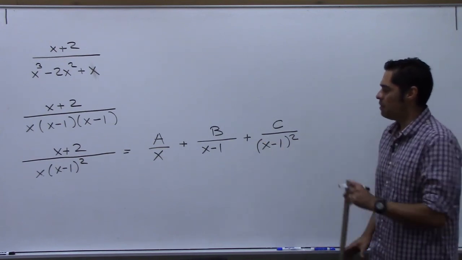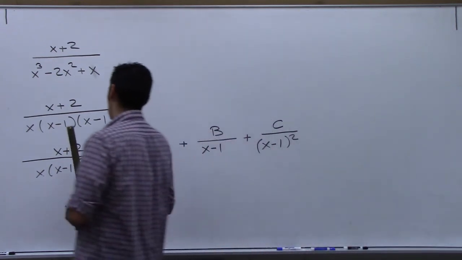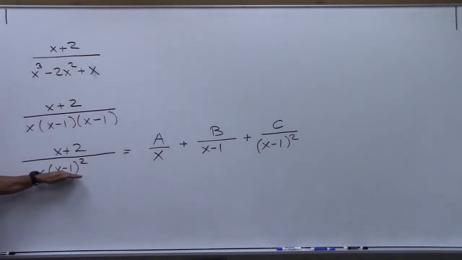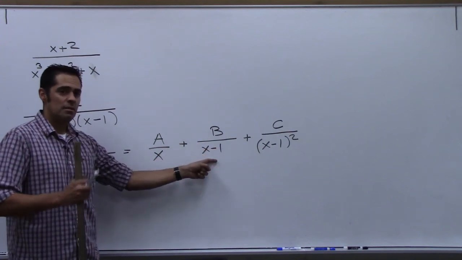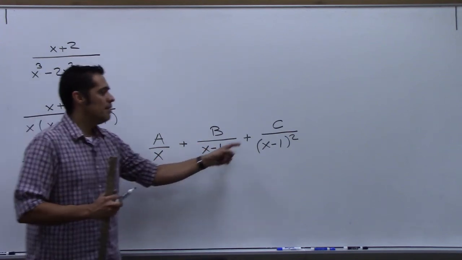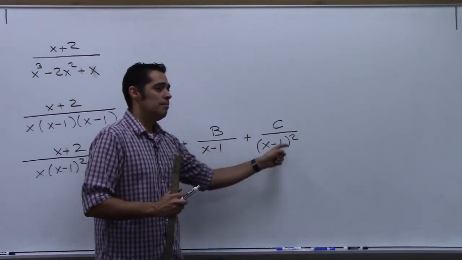Now let me explain why you do this. What you're doing is you're saying here's a linear factor, but it's being repeated. So I'm going to put a number over that linear factor not being repeated, and then a number over that linear factor being repeated.